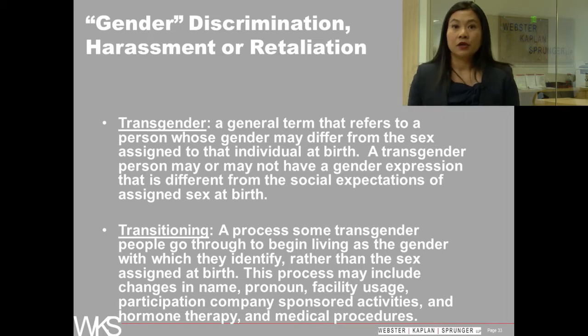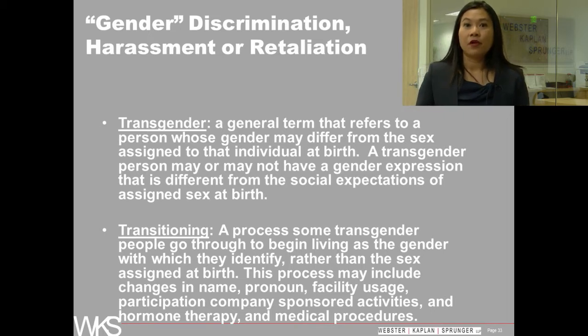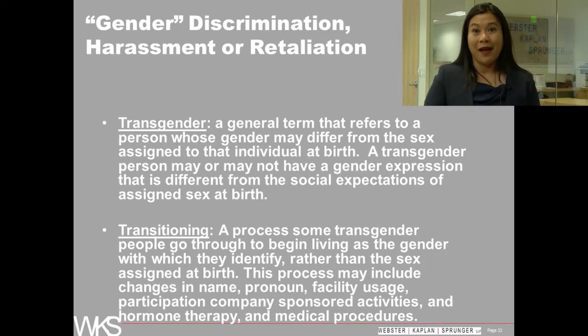That is a good question, and actually we've heard that from quite a few of our own clients. It's pretty settled law in California that the uncomfortableness, for instance, of the other female employees is not going to trump the rights of the individual who's transitioning to use the bathroom of his or her choice.